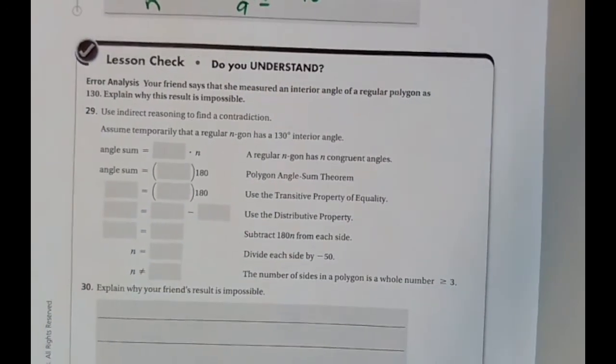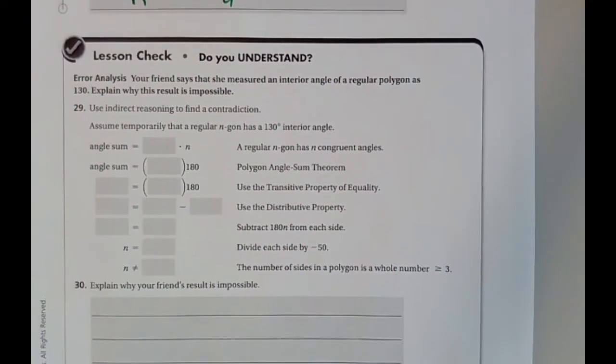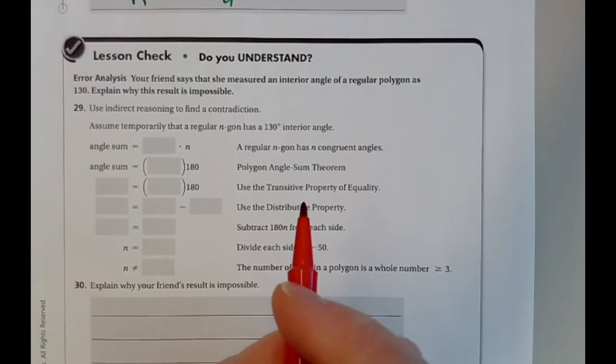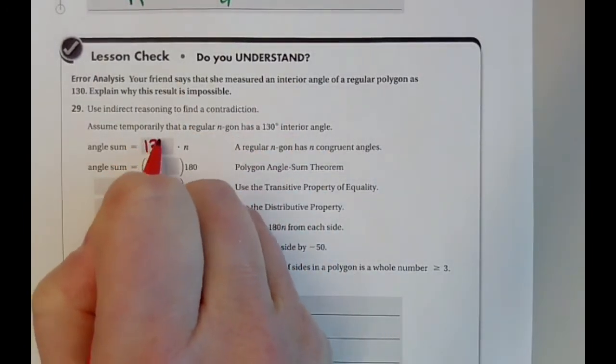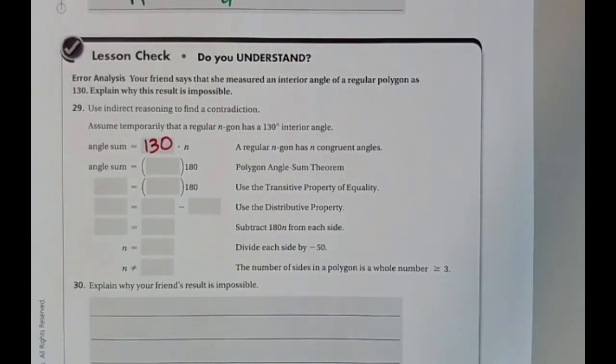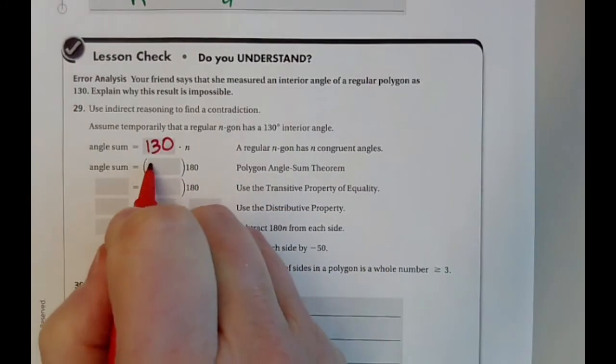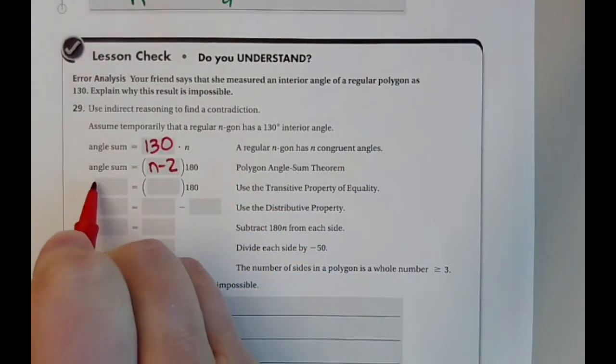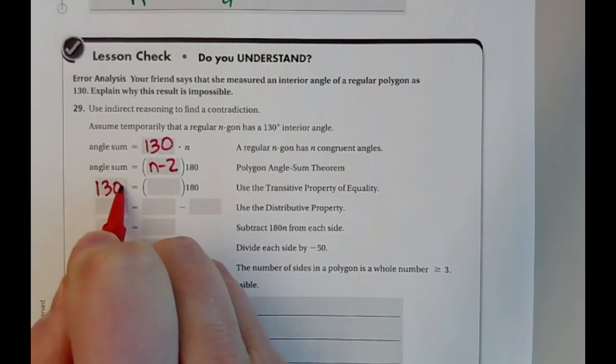This last one says she measured the interior angle as 130, so you need to work backwards. Because of the angle sum, we're going to say 130 times n equals n minus 2 times 180.